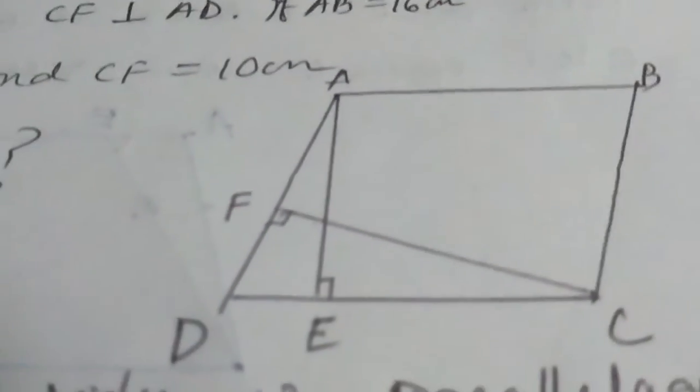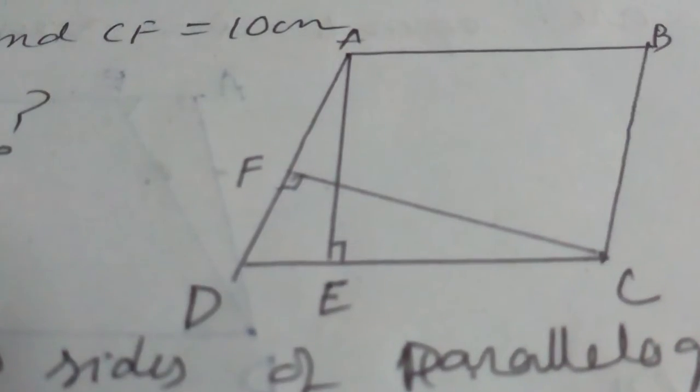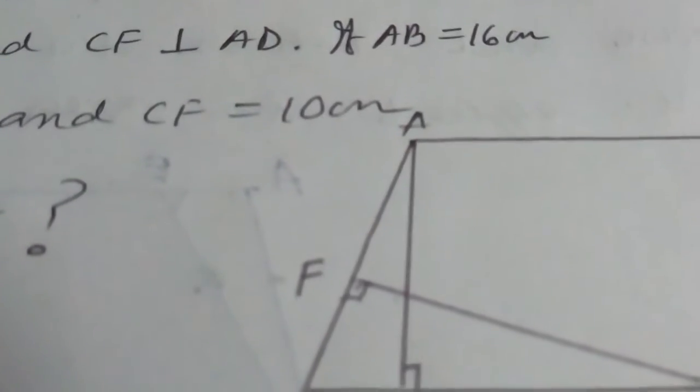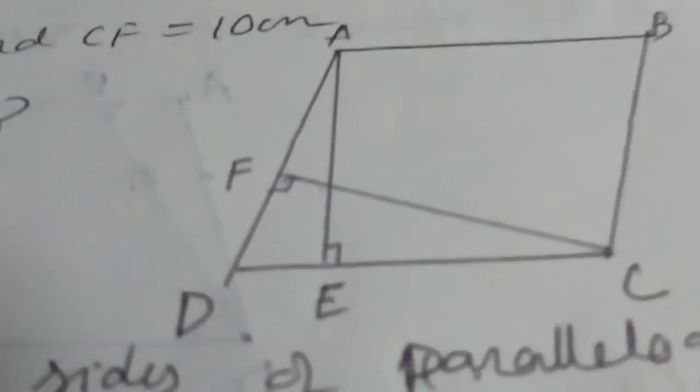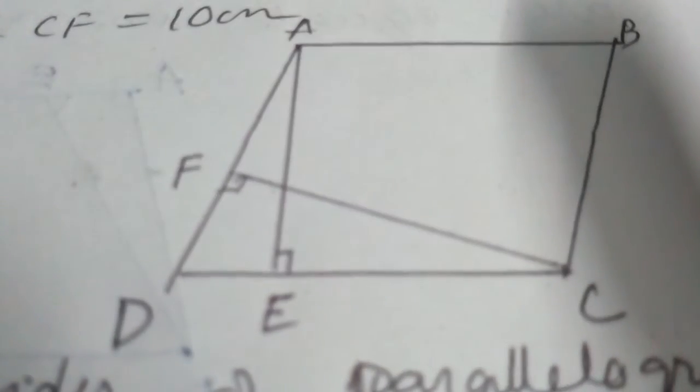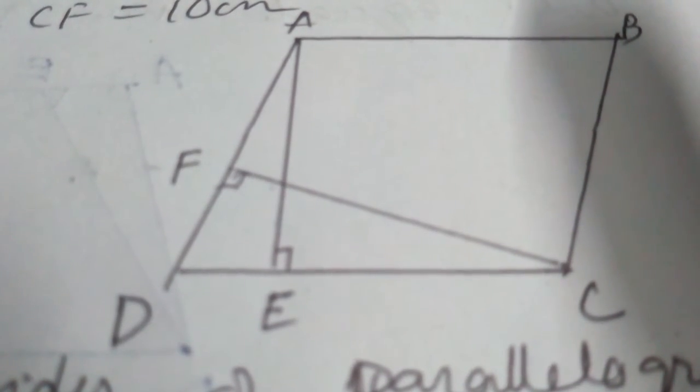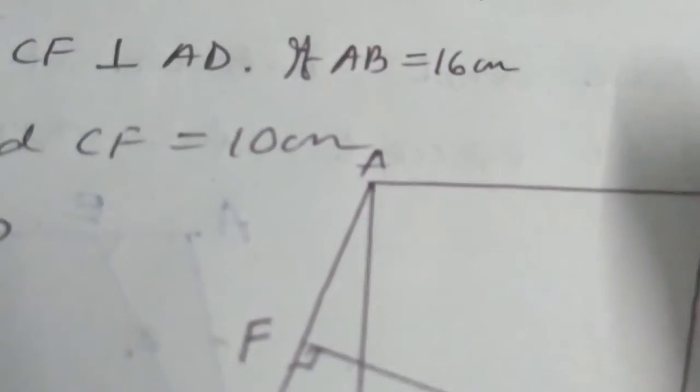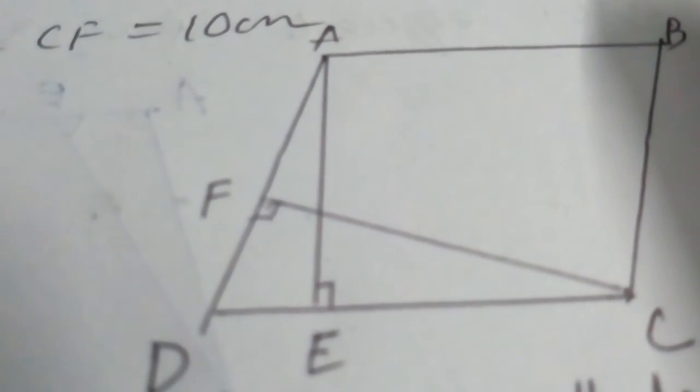Now, since AB is equal to CD, opposite sides of a parallelogram, CD is equal to 16 centimeters. Area of a parallelogram ABCD is equal to base into altitude. Taking CD as base, area of ABCD is equal to CD into AE, 16 into 8, which is 128 centimeter square.